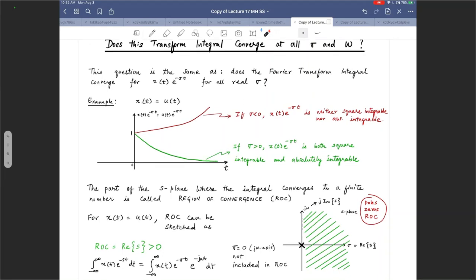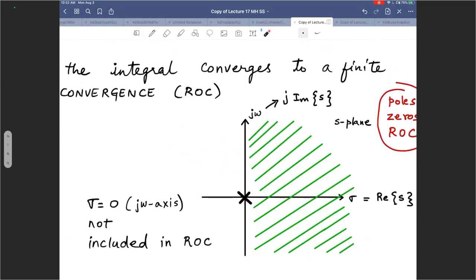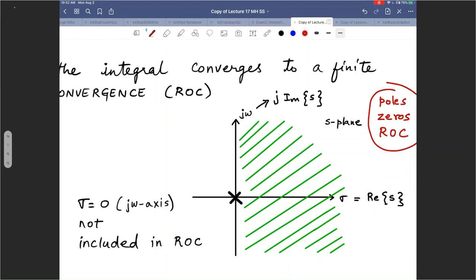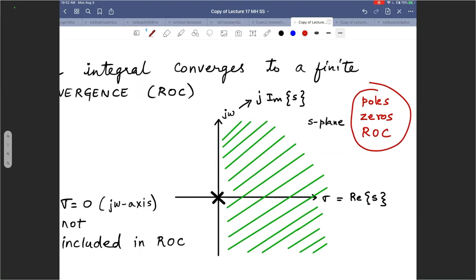But for some reason, I put one pole here. So I said in the complex S-plane, we need poles, we need zeros, we need ROC. We already sketched ROC in green, and I have indicated that I have one pole over here and no zeros.